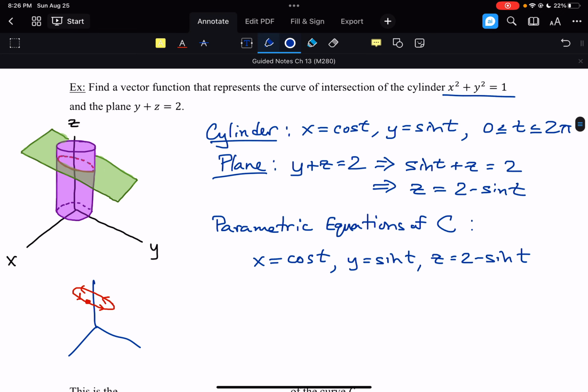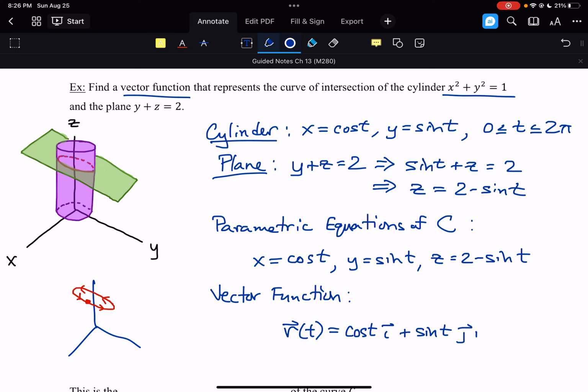So for the vector function, which is what it asked us for, our vector function r of t is cosine of t i plus sine of t j plus 2 minus sine of t k.